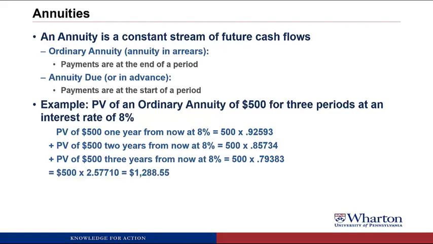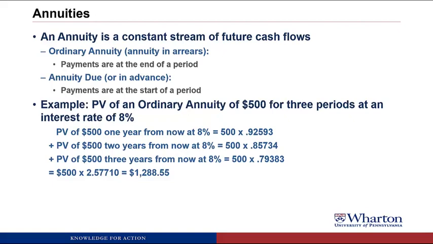That's the same as saying it's $500 times 2.57710, which is the combination of those 3 discount factors, gives you the present value of the annuity of $1288.55.